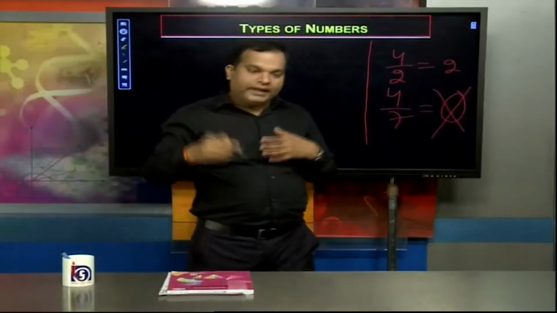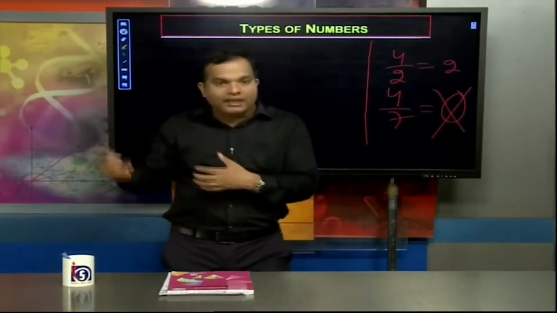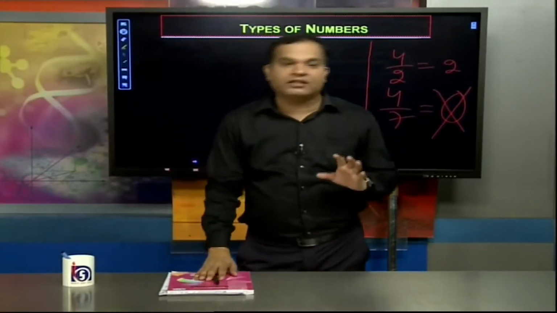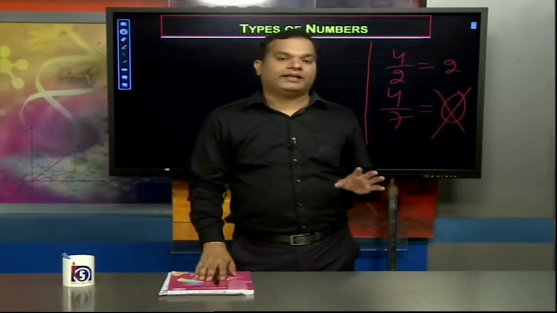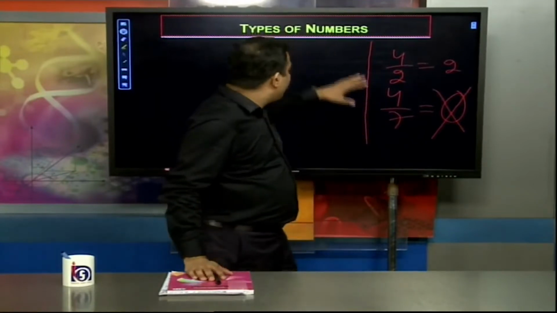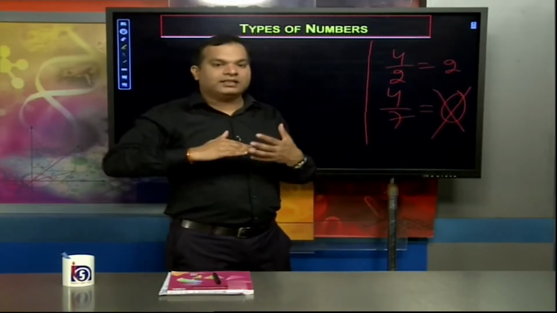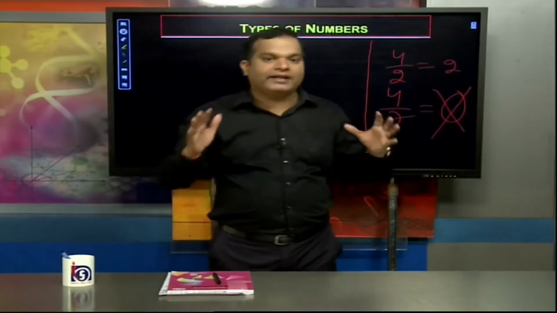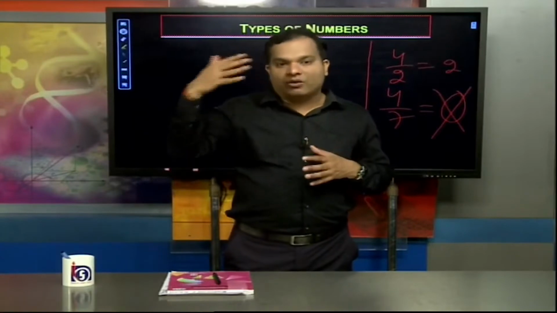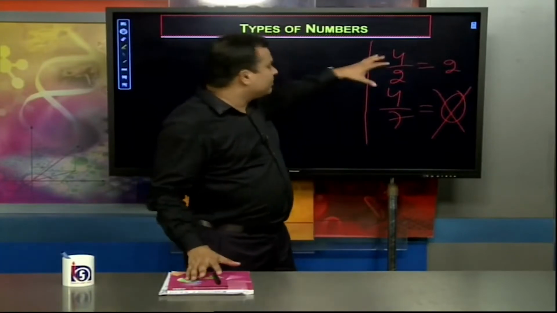When a number is divided by another number, you may not find integers. For example, 4 by 7. That means one integer divided by another integer, you cannot always find a natural number, whole number or integer. So something else you will find.